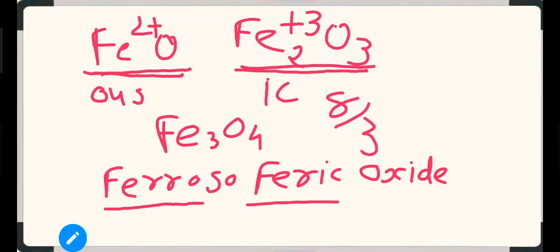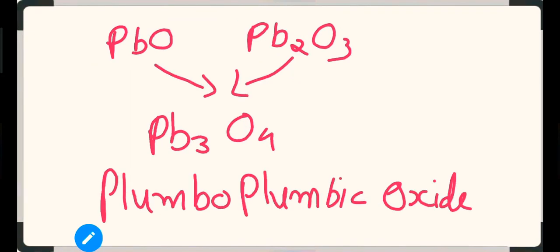Similar example, lead oxide. Now we have two different oxidation states for lead as well, Pb+2 and Pb+4. That means PbO will be called plumbous oxide and PbO2 will be called plumbic oxide, because Pb is derived from the name plumbum.